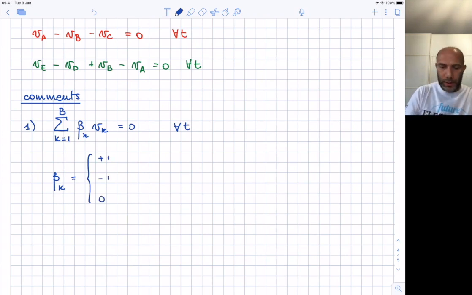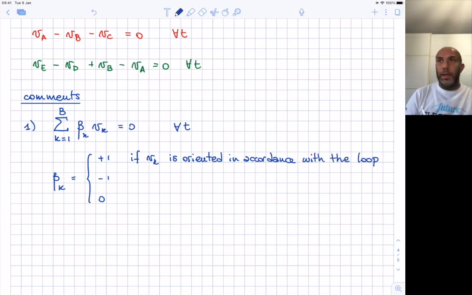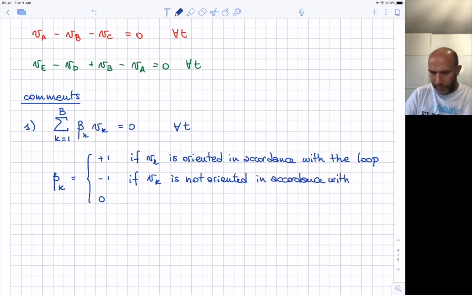It is plus 1 if Vk is oriented in accordance with the loop, minus 1 if Vk is not oriented in accordance with the loop, or is 0 if Vk does not belong to the loop.